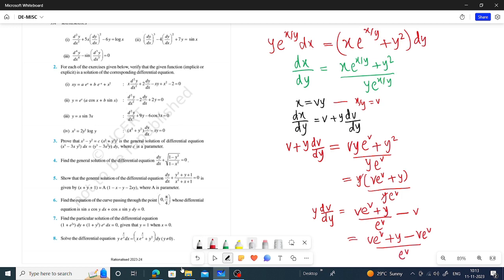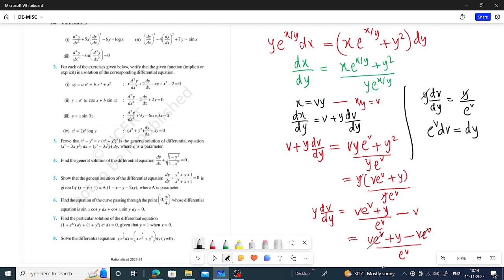Here one thing you can observe, this term and this term getting cancelled. So finally what we get here is y dv by dy is equal to y by e raised to v. So this y and this y getting cancelled, and e raised to v is kept here. E raised to v dv is equal to dy.